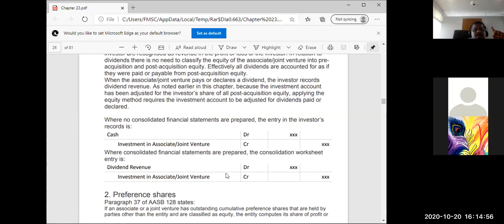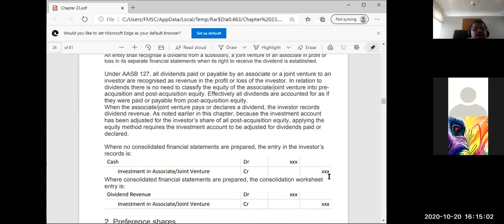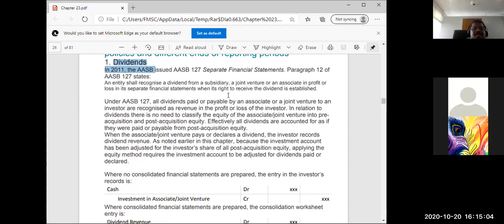Dividend revenue debit, investment in associate or joint venture credit, so the investment asset account will decrease by that. So if you read this here, you can understand all dividends paid or payable by an associate or a joint venture to an investor are recognized as revenue in the profit and loss of the investor.